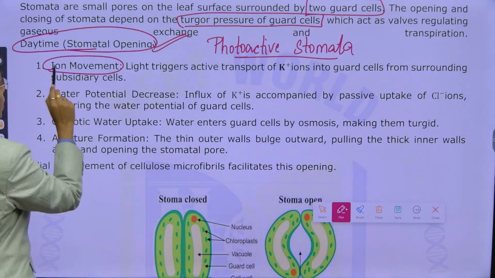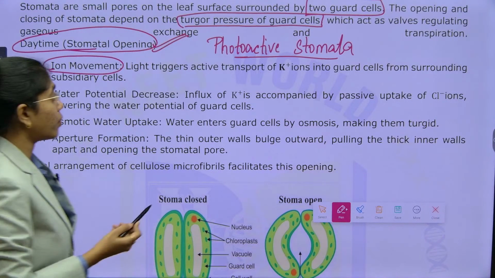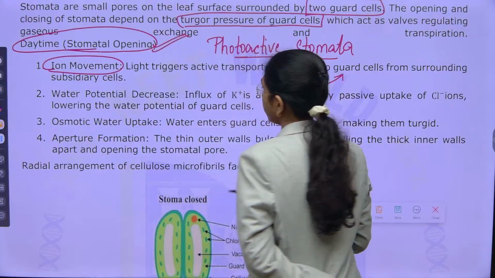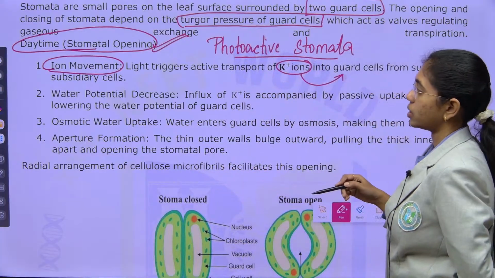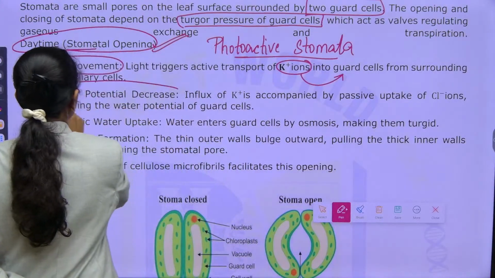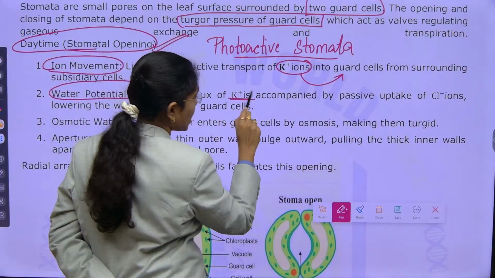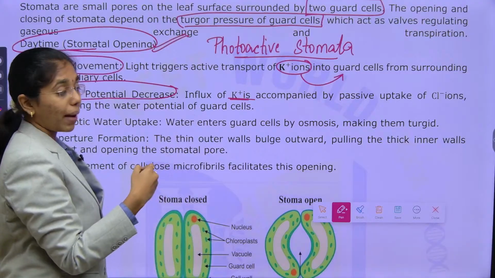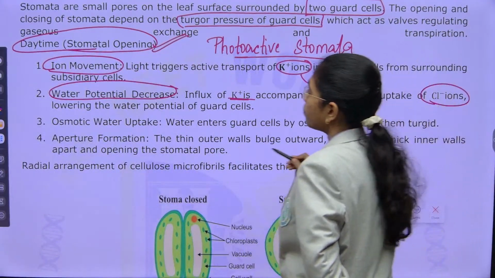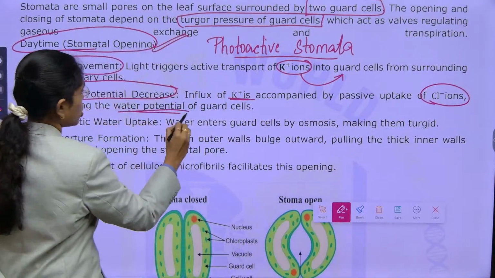So here, the ion movement: first, light will trigger active transport of potassium ions into guard cells from surrounding subsidiary cells. Next, water potential will decrease. Influx of potassium is accompanied by passive uptake of chloride ions as well, thereby lowering the water potential of guard cells.